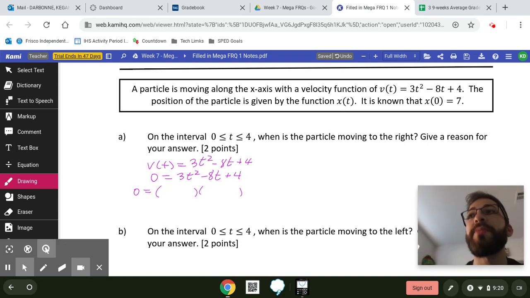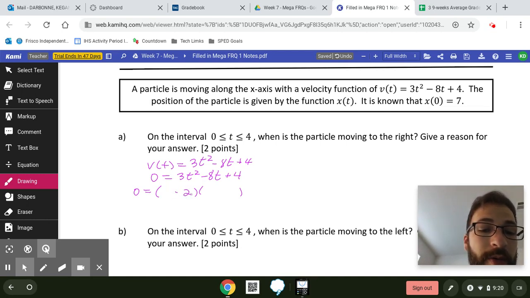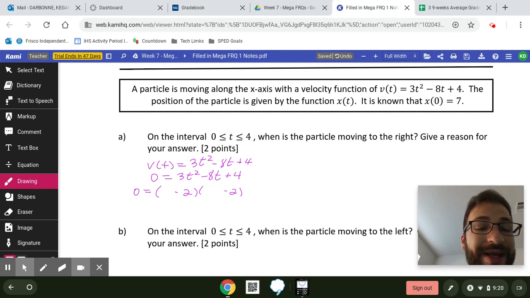Then we can test a couple of things out. We do know that we want this to add up to -8. So we can split 4 into -2 and -2 because we know our middle number has to be negative. And then we have t and t. Our only factor of 3 is 1 and 3, so one of these needs to have a 3, and one of these needs to be just the 1.